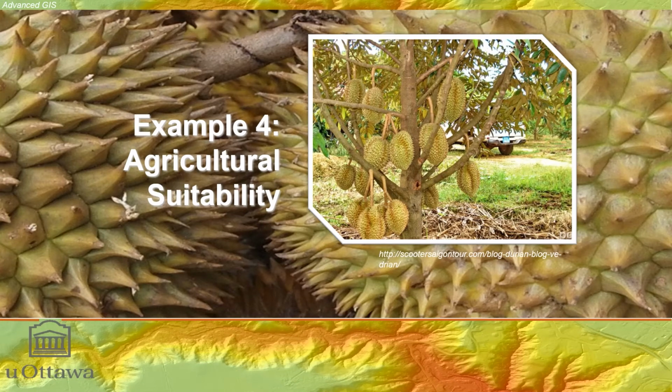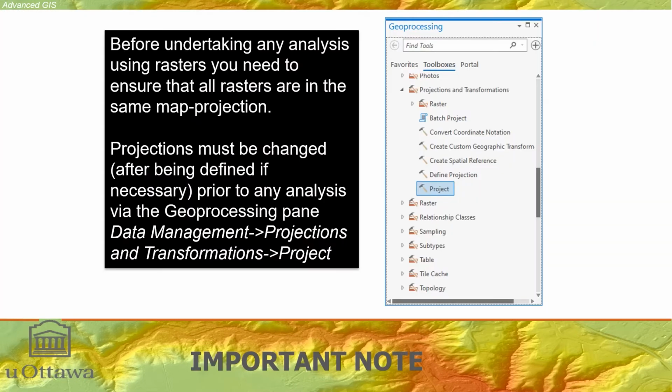Example 4, agricultural suitability for durian fruit in the tropical Philippines. Before undertaking any analyses with multiple raster layers, or even multiple vector layers, you need to ensure that you have all of your layers in the same coordinate system or map projection.